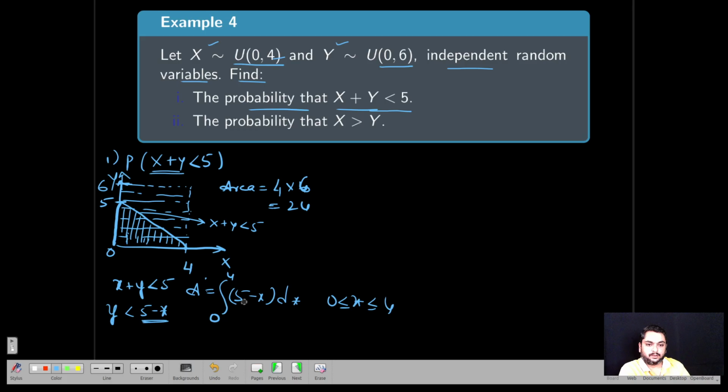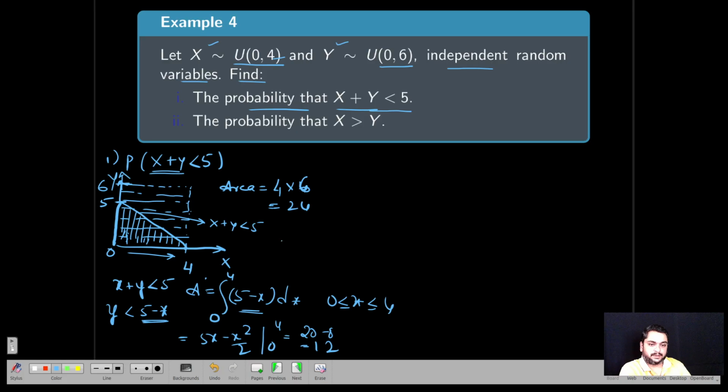So I got this equation. If I integrate this from 0 to 4, I will get the area under the line x plus y less than 5. This comes out to be 5x minus x square by 2 in the interval 0 to 4. That is equal to 20 minus 8, which is 12.